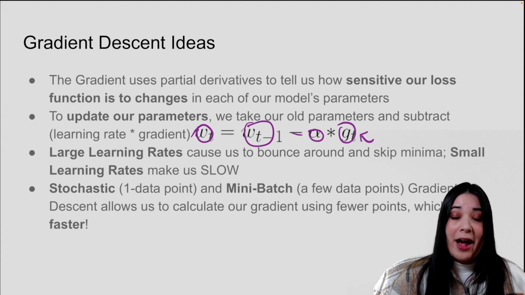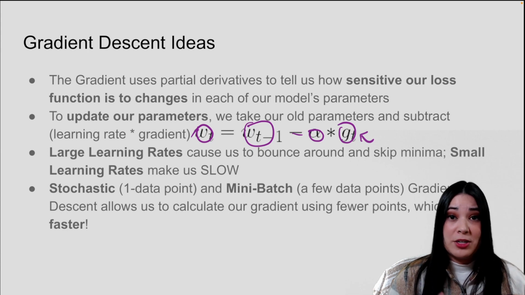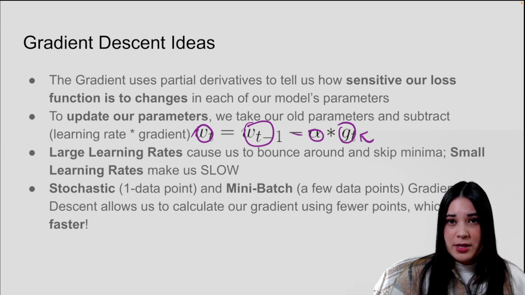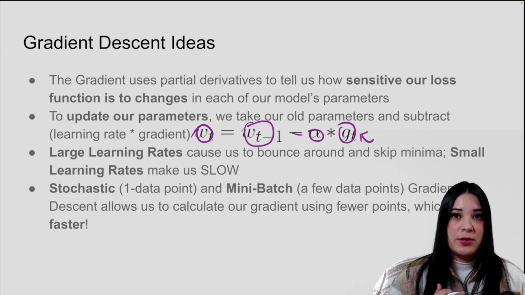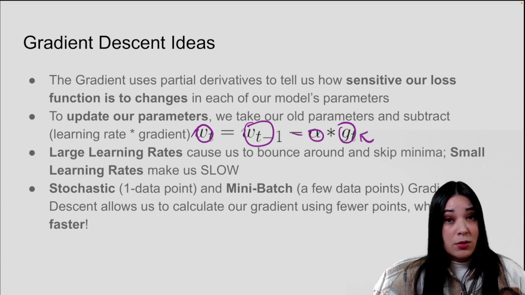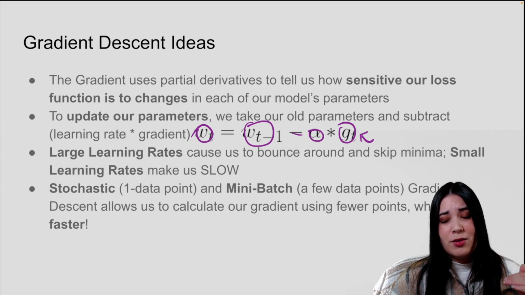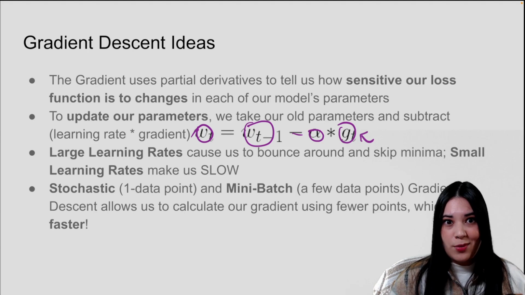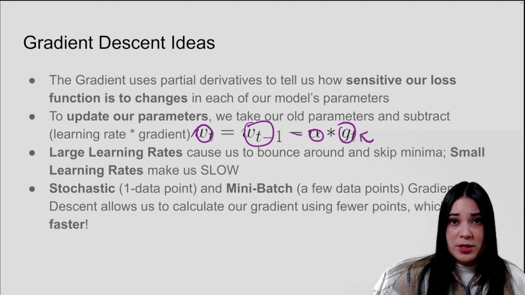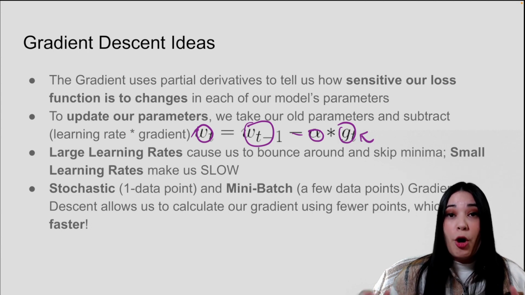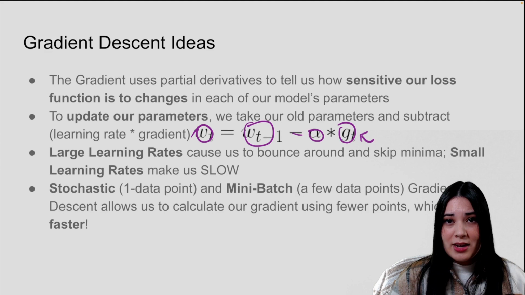Learning rates determine how big of a step or how big of an adjustment we make to our parameters. Large learning rates can lead us to bouncing around everywhere, whereas low learning rates can cause us to take a really long time to get anywhere. We also talked about some improvements we can make to gradient descent, like using stochastic gradient descent or mini-batch gradient descent, which don't use all of the data points to calculate the gradient and therefore improve our computational efficiency.